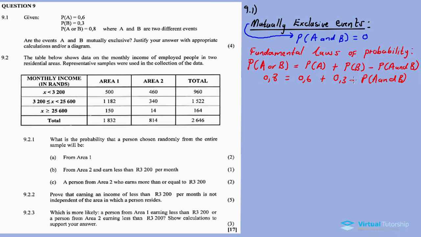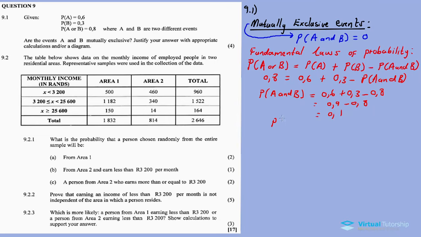Now let us make the probability of A and B the subject of the formula. So I'm going to transpose this from the right hand side to the left hand side, equal to 0.6 plus 0.3 minus this 0.8. 0.6 plus 0.3 is 0.9, minus 0.8, this is equal to 0.1.